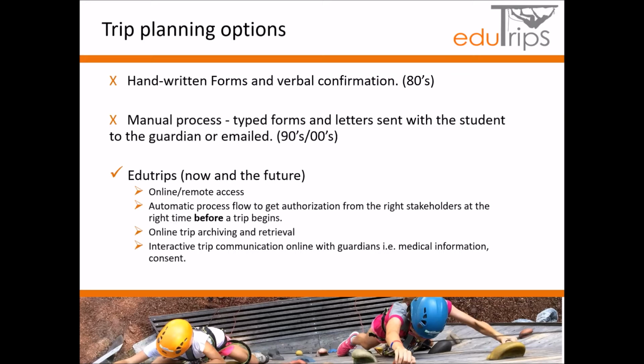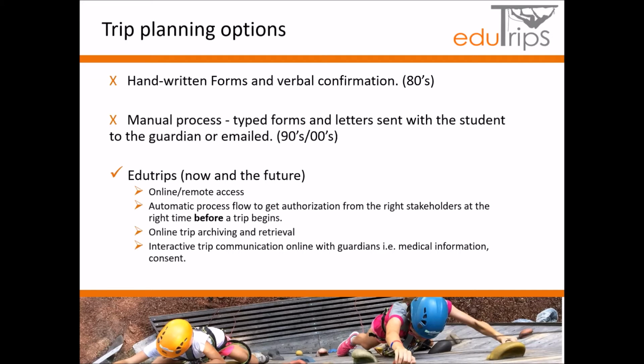But on the other hand, it allows you to access information remotely. It has various automatic process flows in order to be able to make the authorisation process simple and easy, and ensuring that the right stakeholders can authorise trips at the right time before a trip actually begins.